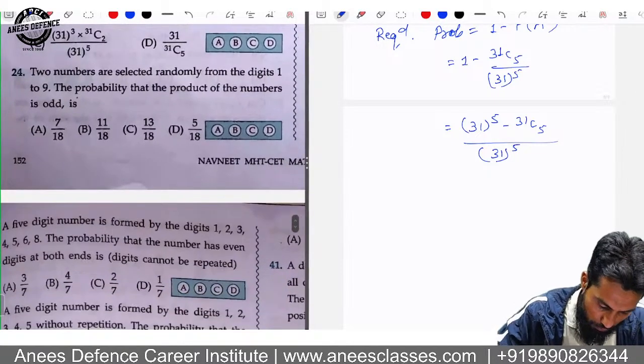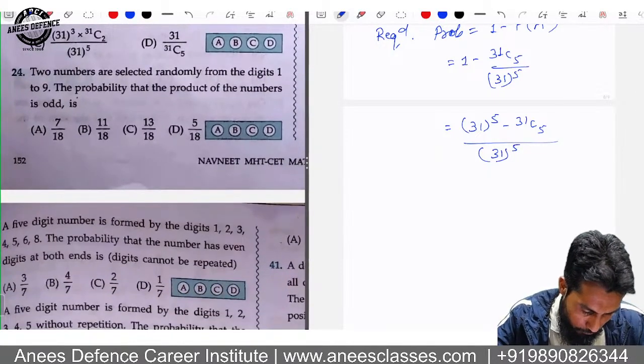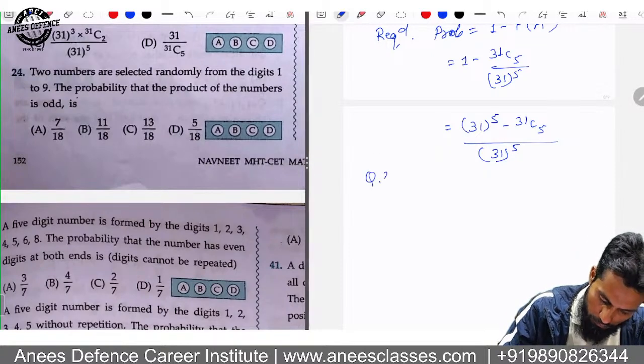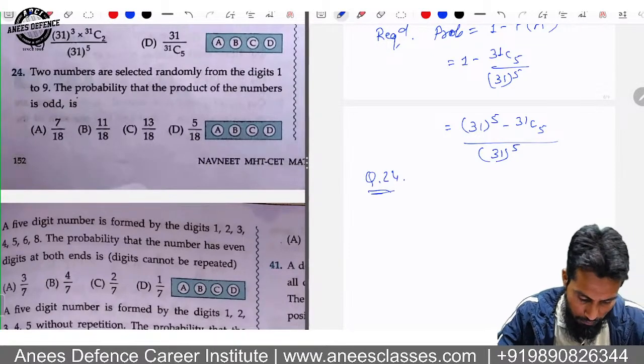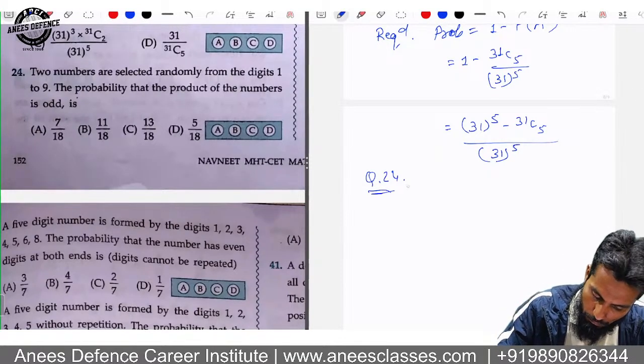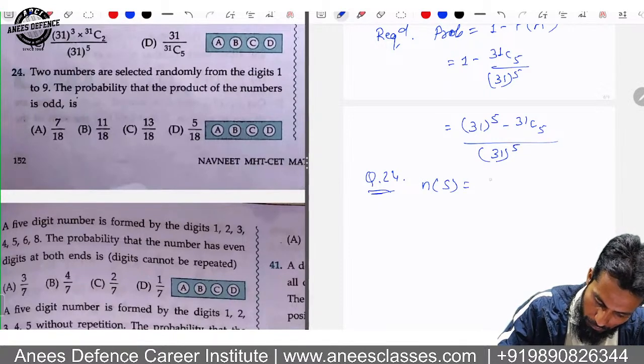24 done. 2 numbers are selected randomly from the digits 1 to 9. The probability that the product of the numbers is odd. It is a simple question, similar to that type. Product should be odd means one odd, one even you can take. So 1 to 9, two numbers you have to select. The sample space: there are 9 values, so 9C2.